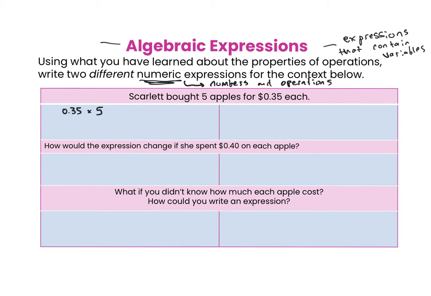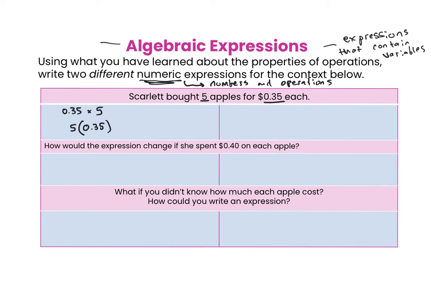And the same thing as if you put a 5 outside of some parentheses and 0.35 inside. That also means 5 times 0.35. So you have 5 apples multiplied by 35 cents will give us the amount of money that Scarlett spent.